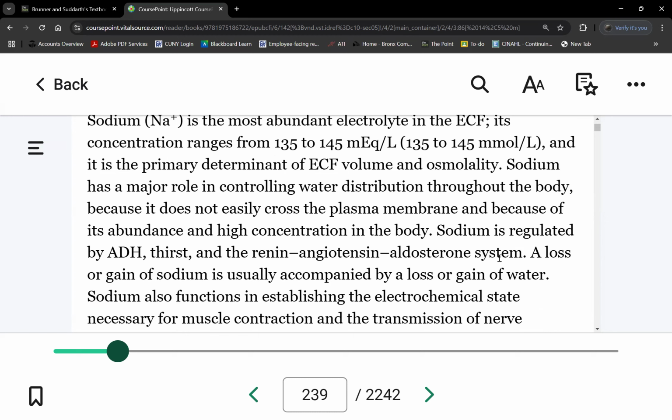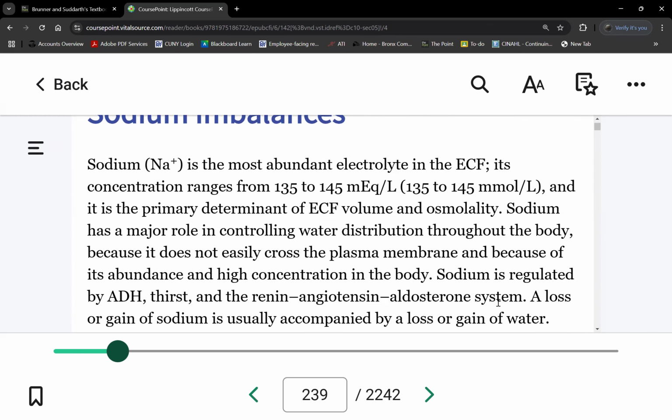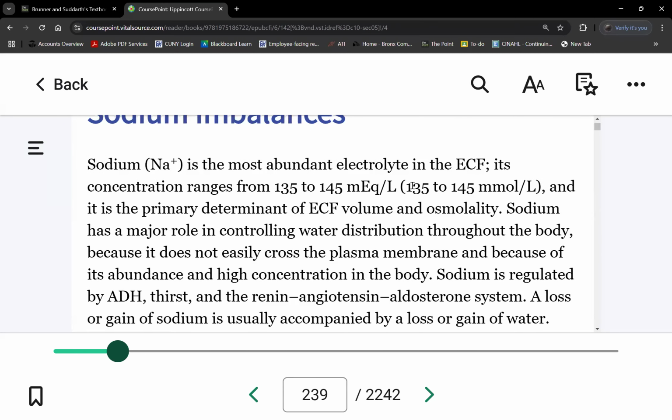Of course, all electrolytes are present inside and outside the cell. However, they tend to stay in one compartment more than another. For instance, sodium is most abundant in the blood, or outside the cells.